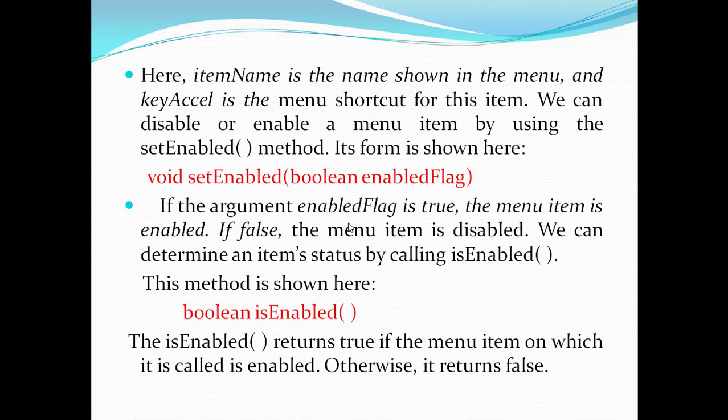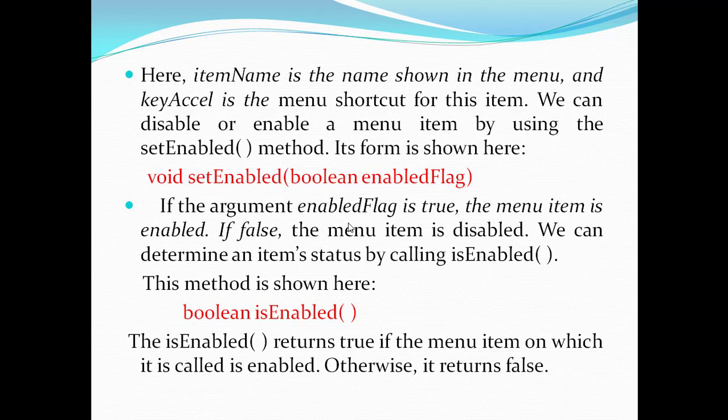Its form is shown here: void setEnabled(boolean enabledFlag). If the argument enabledFlag is true, the menu item is enabled. If false, the menu item is disabled.